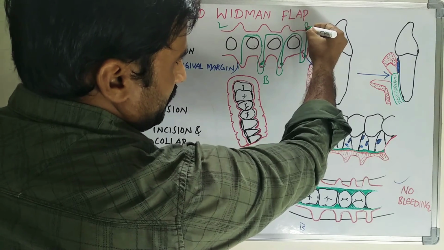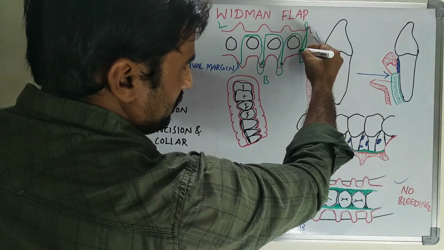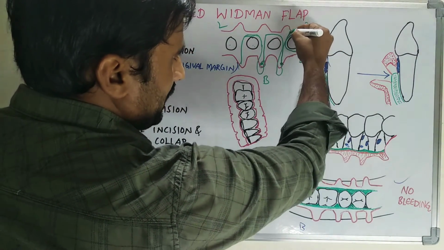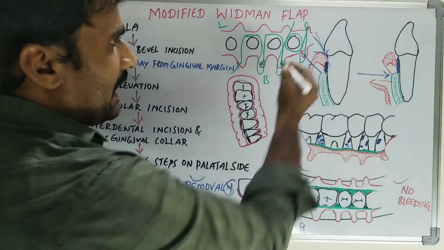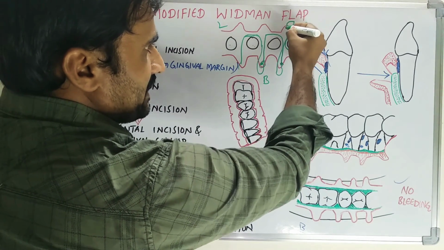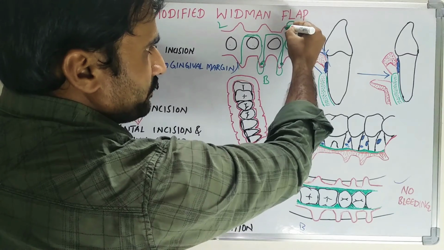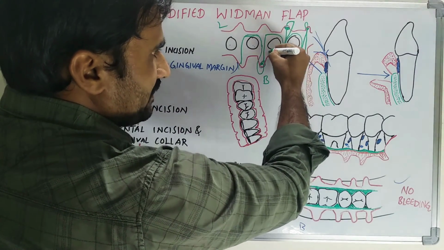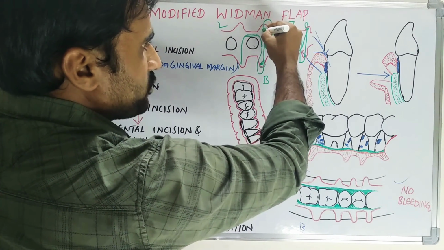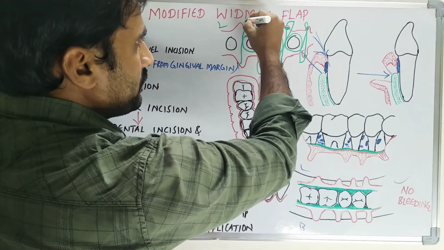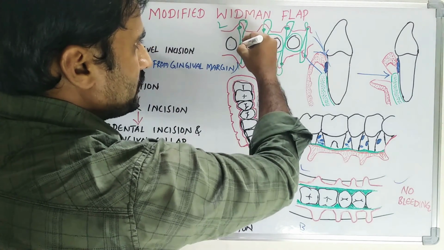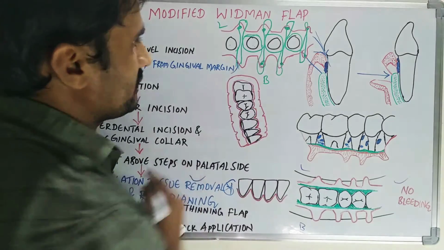And I will make a sling around the tooth, and I will go lingually, and I will reverse it and engage the interdental papilla, then make a sling, right? It goes on like that, right?